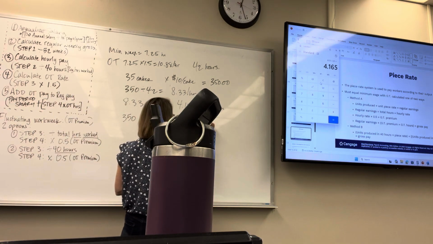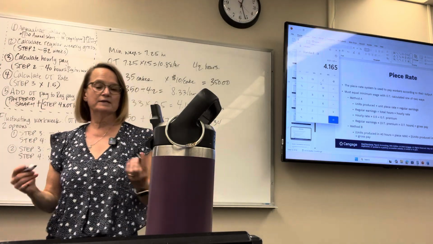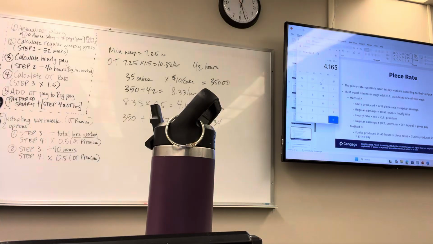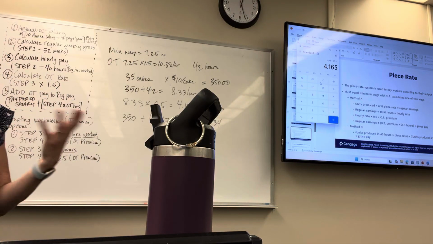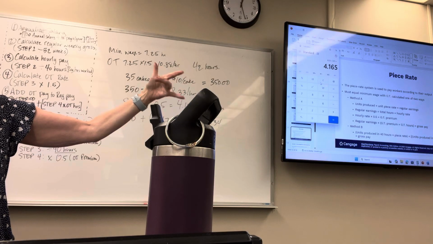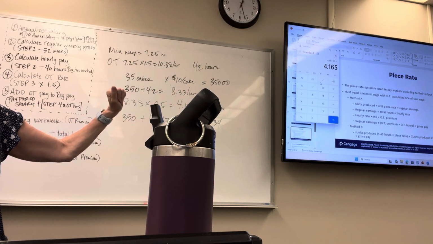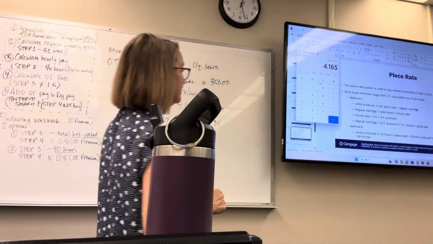So $358.34. So we've got to make sure that they're paid $358.34 because they worked 2 hours of overtime. So they're not going to get just the $350 for the cakes that they decorated, because it took them 42 hours, we've got to make sure that they get a premium amount for the 2 hours of overtime.